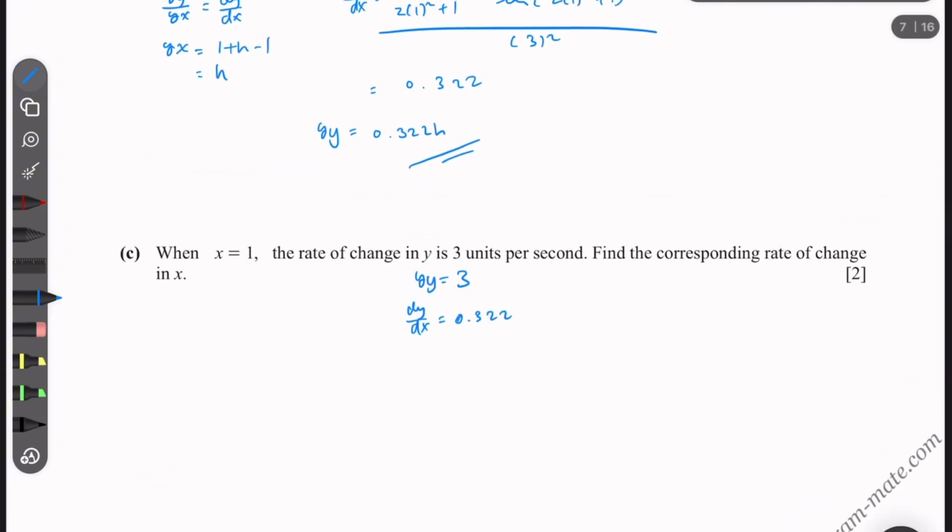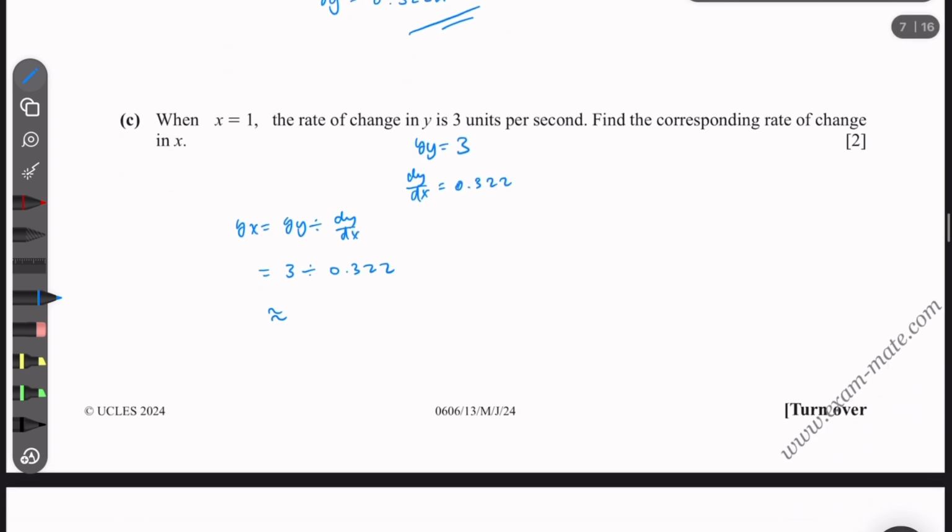And we want to find delta x. So delta x will be delta y divided by dy dx. So 3 divided by 0.322. It'll give us around 9.31.